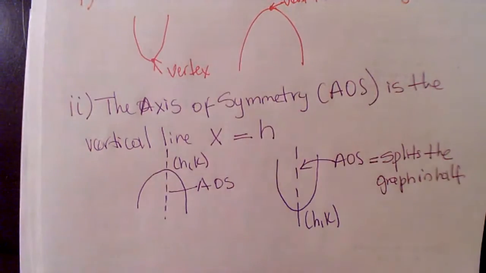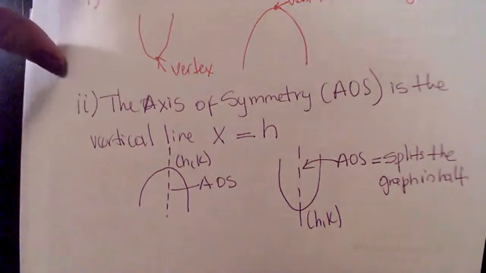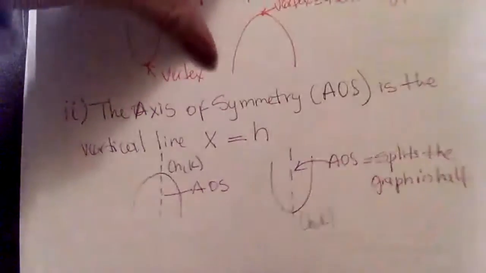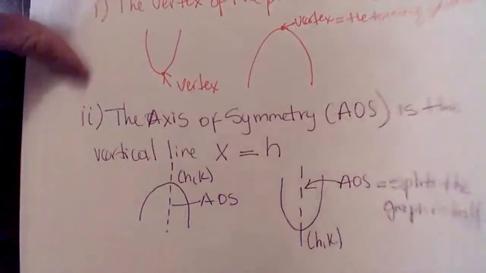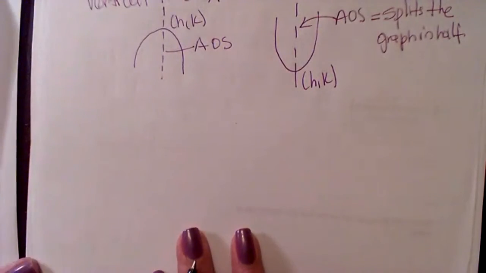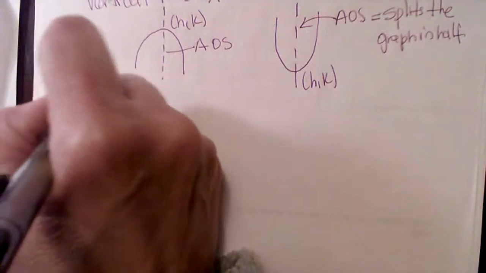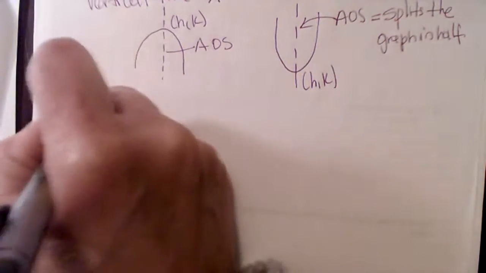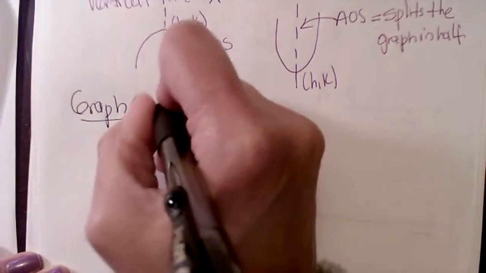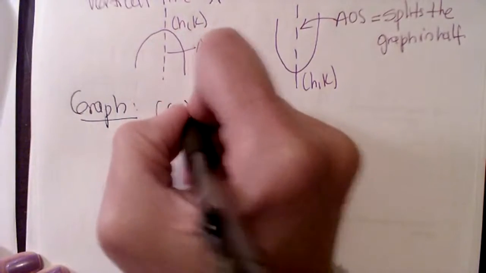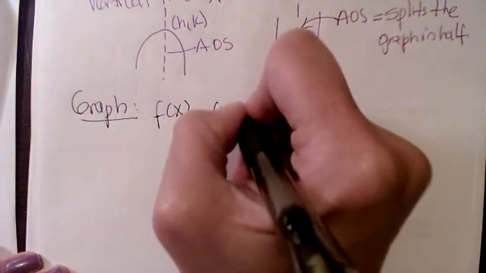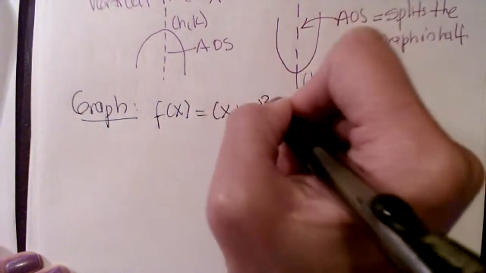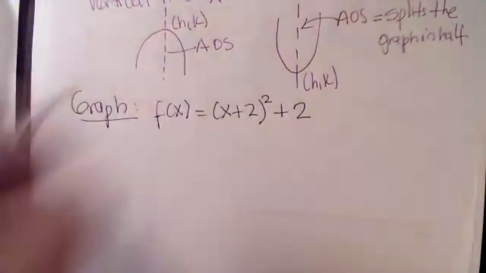And we're going to practice some graphing. So the first exercise says graph f of x equals x plus 2 squared plus 2.